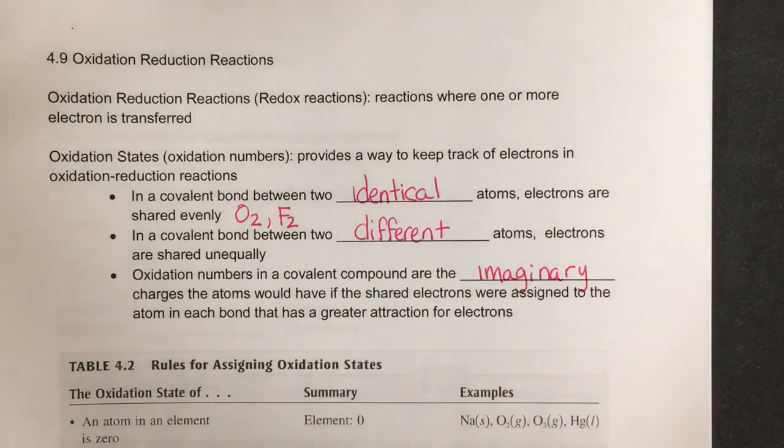They're imaginary charges. So it's not a true charge. In an ionic compound, yes, somebody actually gained an electron, somebody lost an electron, and so the charge is either positive or negative. But in a covalent bond, it's partially positive or partially negative, so we're kind of keeping track of that partial charge, okay?